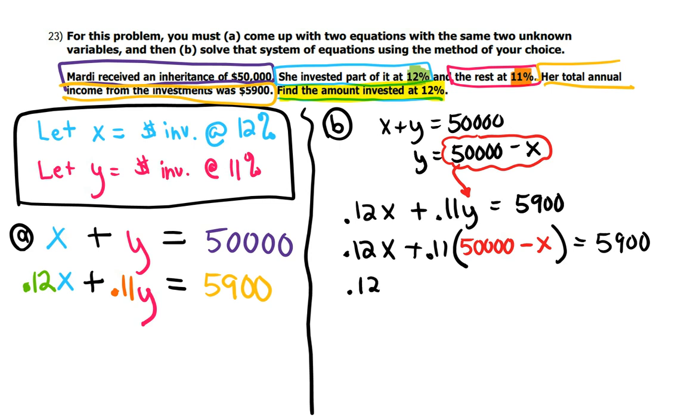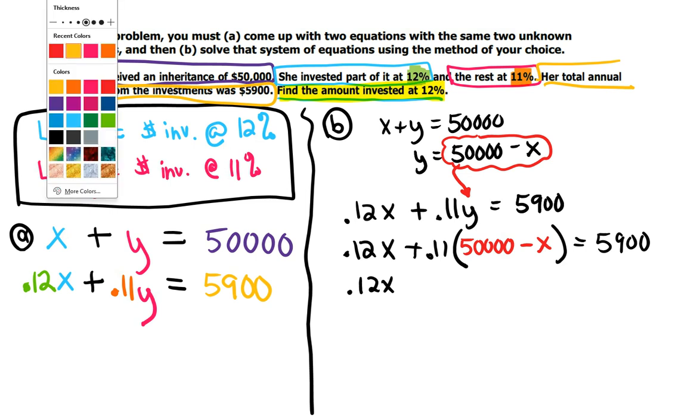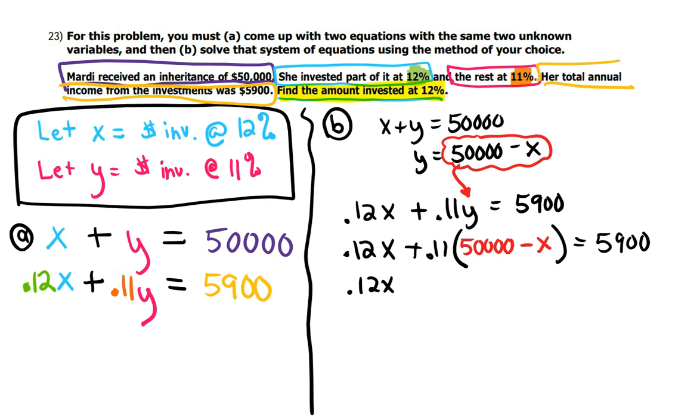So I'm going to have to distribute the 0.11. What color have I not used? How about darker green? So 0.11 times 50,000 would be 5,500.